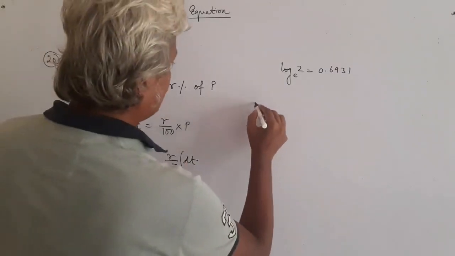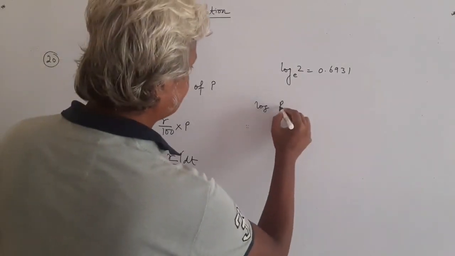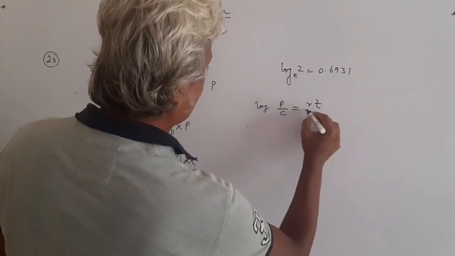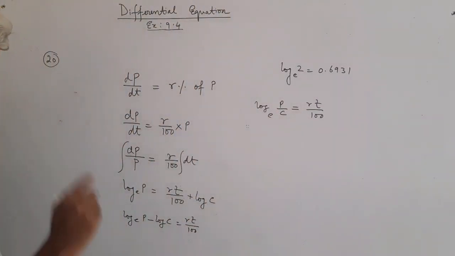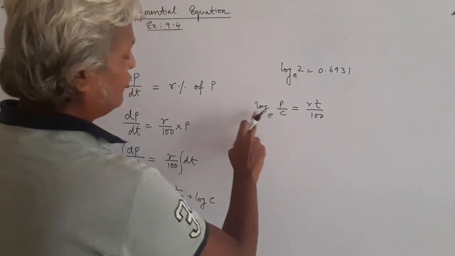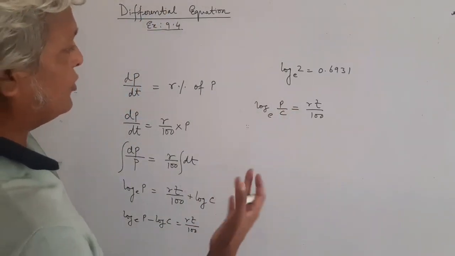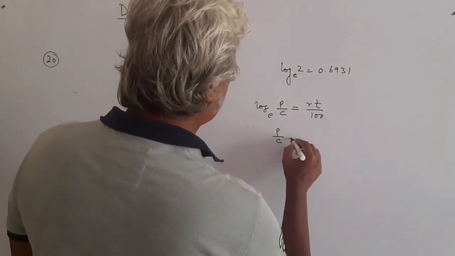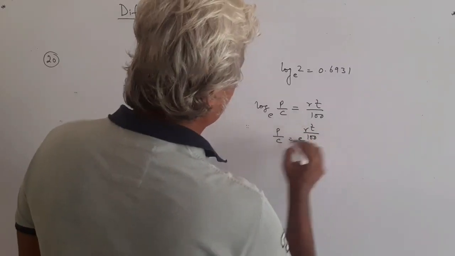It means log P by C equals rt by 100. Now to get rid of this log, we need to express this in the form of an exponent. So P by C is e to the power rt by 100.